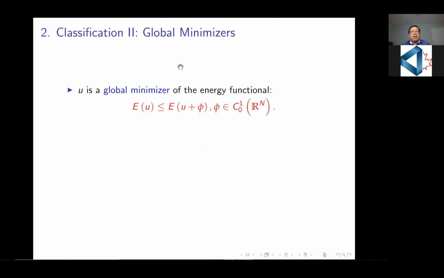The second classification result is about the global minimizers. From the energy point of view, this condition is more physical.